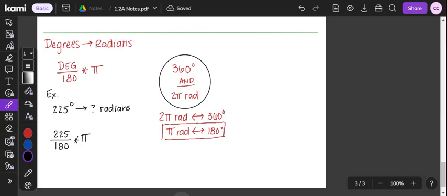All right, and now off the top of my head, I do not know what 225 divided by 180 is, but I can put that in a calculator, and I know that this is going to be 1.25 pi radians. Or if we like fractions, 1.25 is the same as 5 over 4 pi. Okay, very good. So 225 degrees is 5 over 4 pi radians.